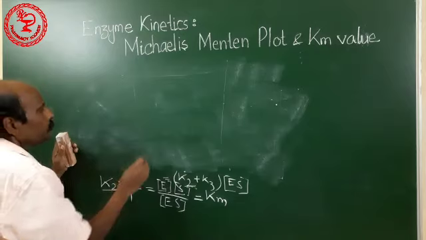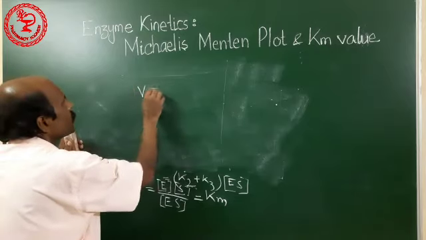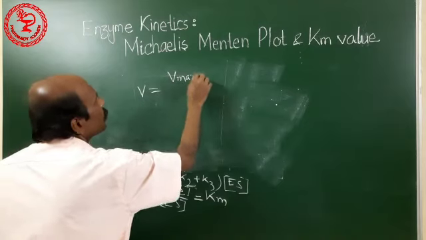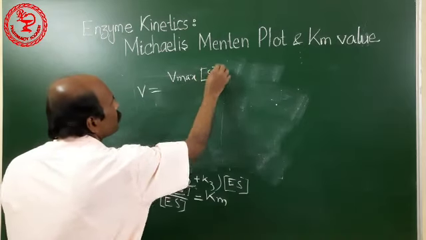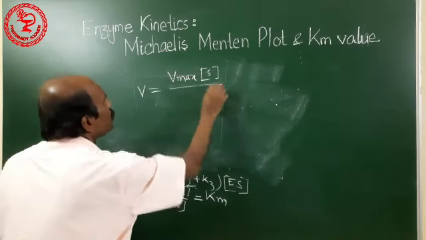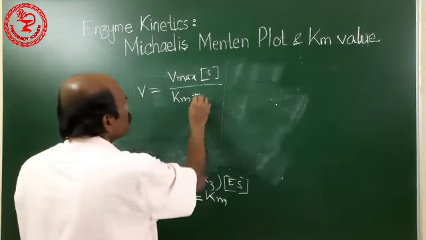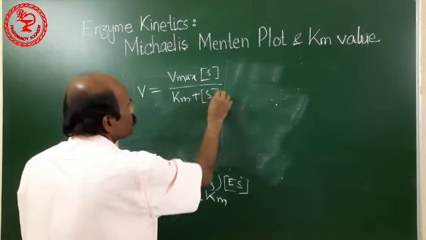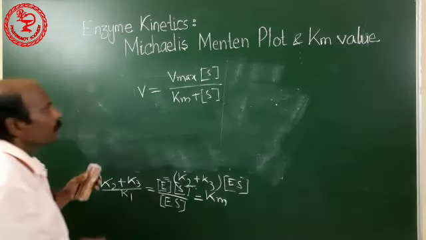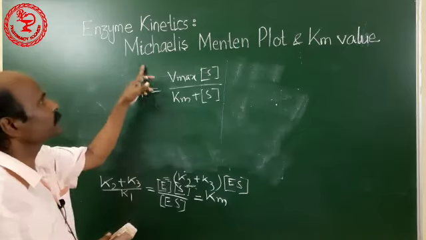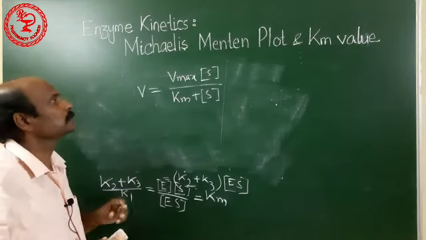That is, V is equal to Vmax into substrate concentration divided by Km plus substrate concentration. So, this formula is called the Michaelis-Menten formula.